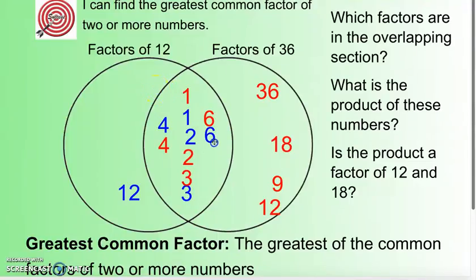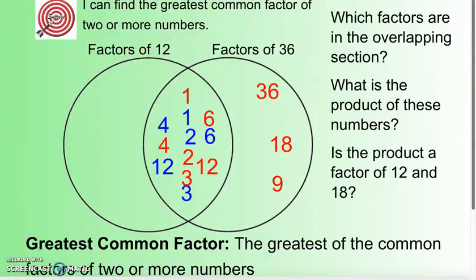My goodness, they share a lot here. And they share a 12. Wow, they share many. Actually, all of the factors of 12 are in common with factors of 36.